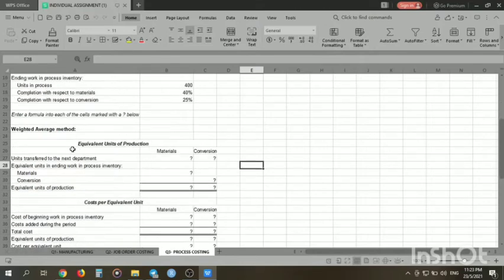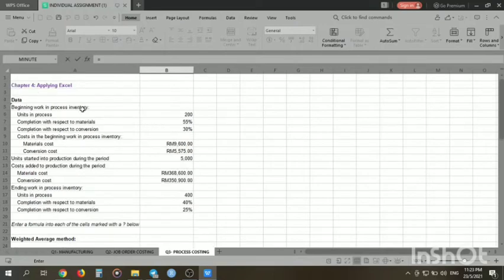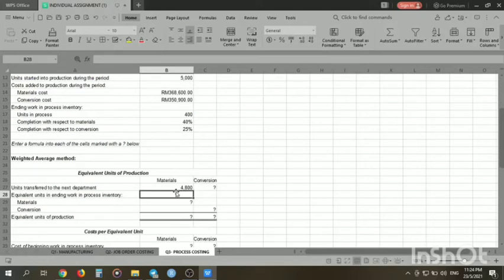Firstly, for equivalent units of production under weighted average method, for units transferred to the next department for materials, the amount can be found by beginning work in process inventory, units in process 200 times with units started into production during the period and minus ending work in process inventory, units in process, and equal to 4,800. Same goes to conversion cost.